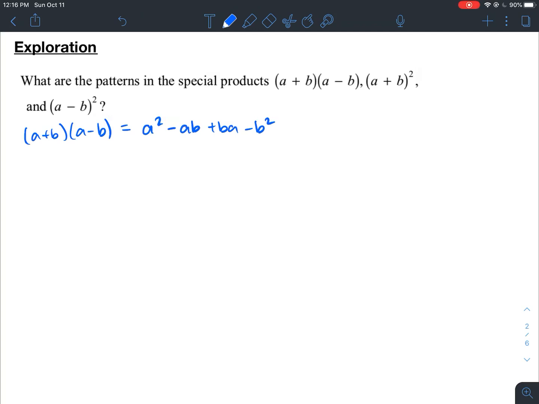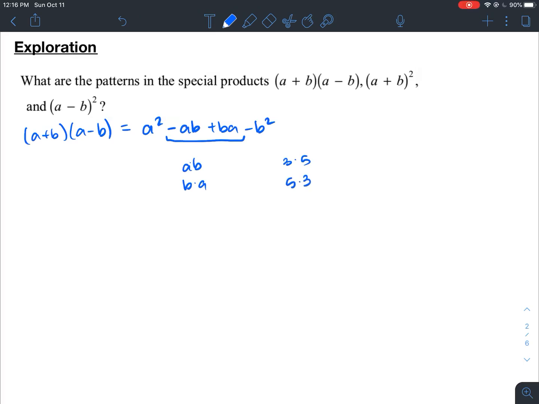Now, can we combine any like terms? You might say no, but these terms are actually the same. Because a and b are being multiplied, this is like 3 times 5, which is the same thing as 5 times 3, correct?